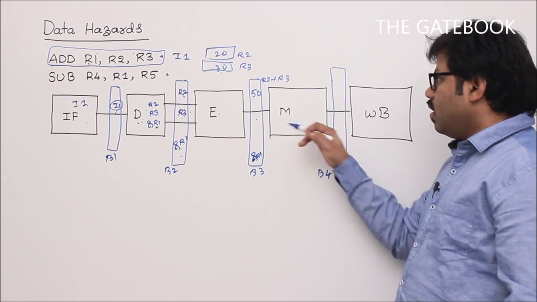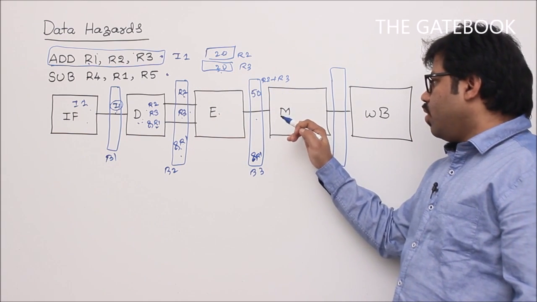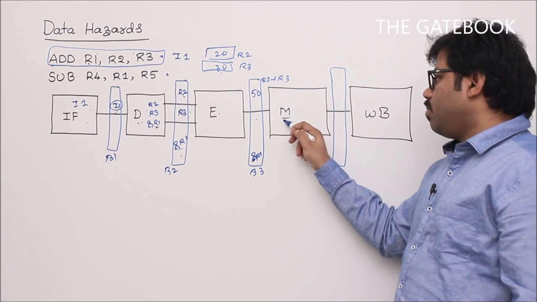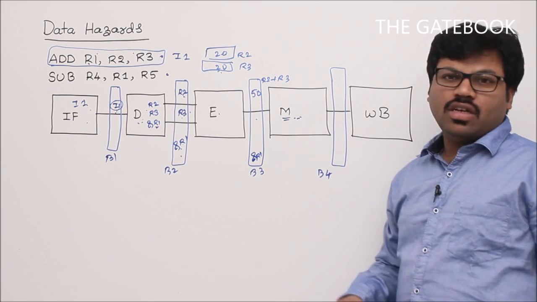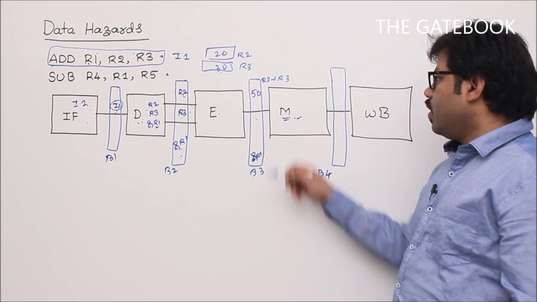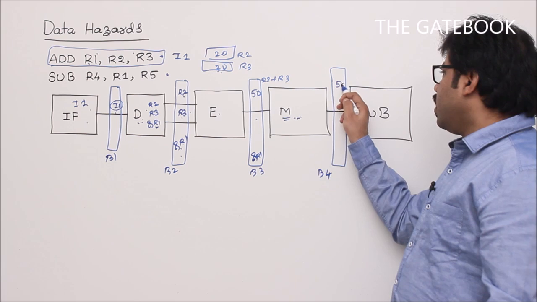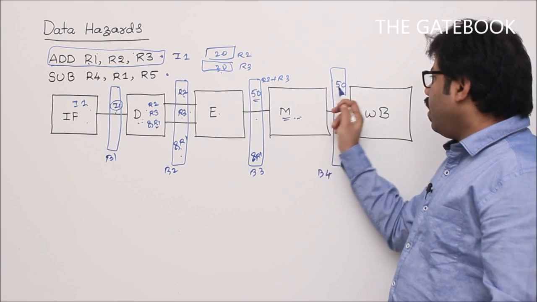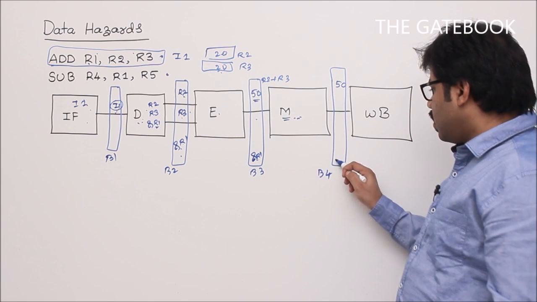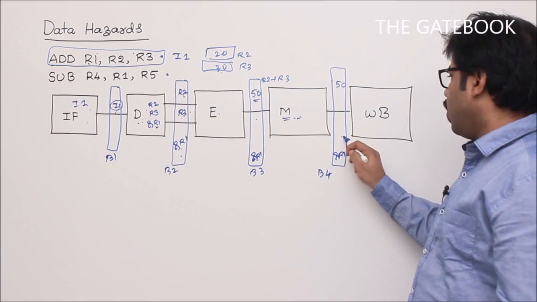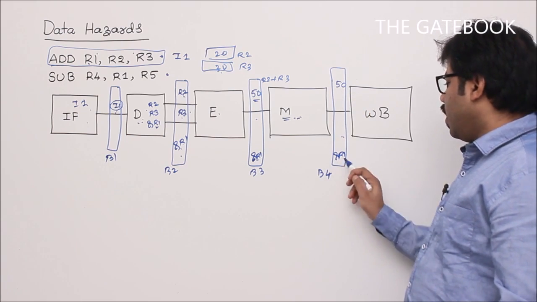But of course, for the add instruction, the memory stage doesn't require anything, correct? That means there is no work for the memory stage. So the memory stage will simply move the content 50 and the address of R1 to the next level. In that way this buffer is going to have 50 and the address of R1.